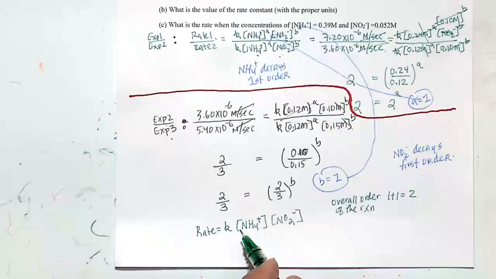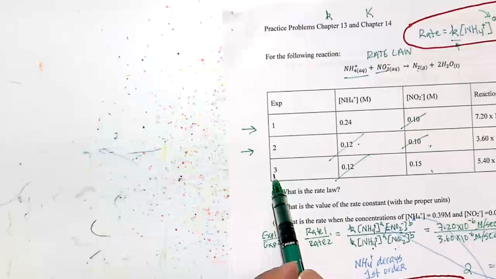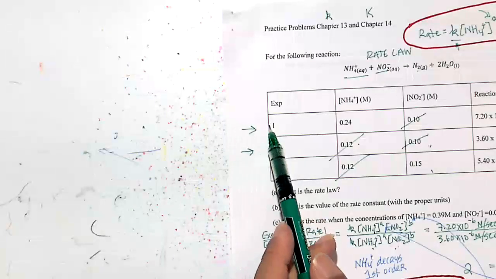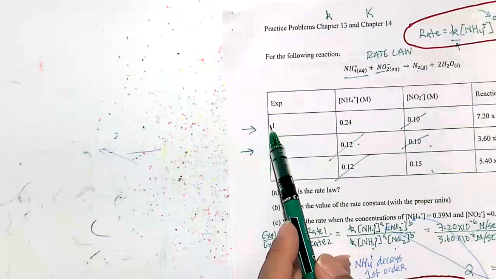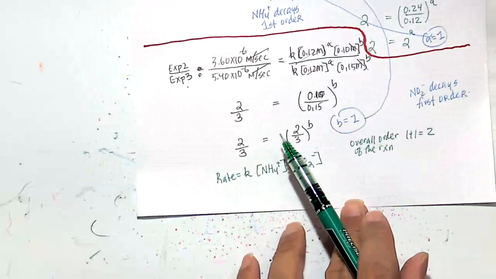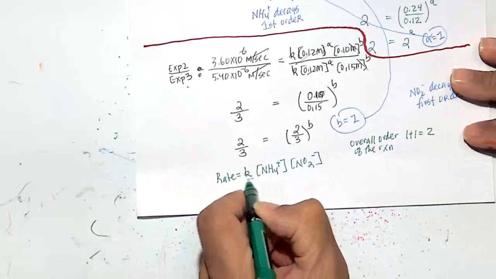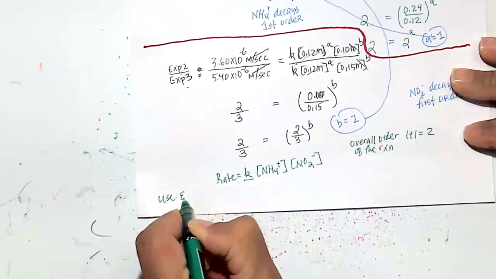All right, so we're not done yet. We have to find K. So we'll pick any experiment. So which one would you like to pick? 1, 2, or 3? I'll pick experiment 1, but you can pick 2 or 3. So we will use experiment 1 to find the value of K. Almost done.